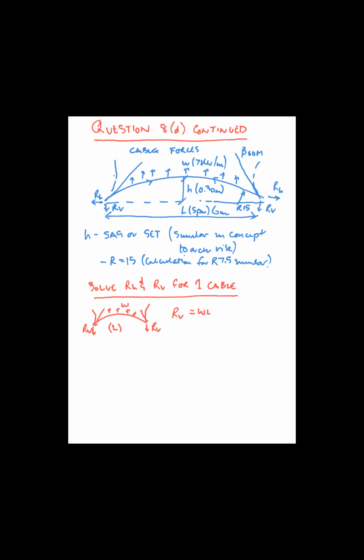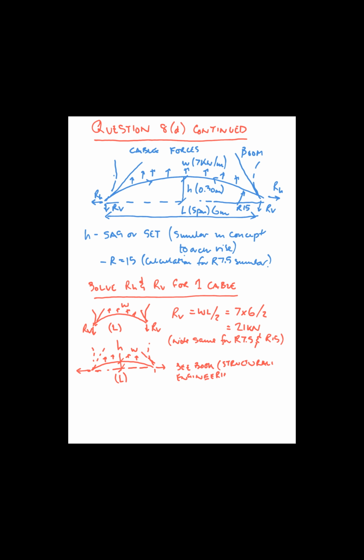So RV is given by, like a simply supported beam, WL over 2, 7 times 6 over 2 is 21 kilonewtons. And RH, if you look in the main book, Structural Engineering, Art and Approximation, where we solved for a tension cable in a suspension bridge, H is the rise in this case, figure 2.2.7 in the book.